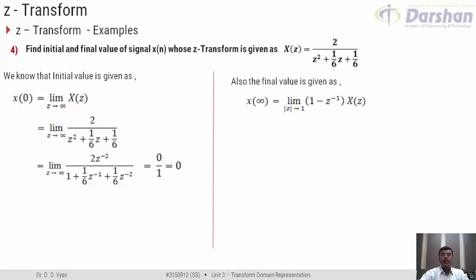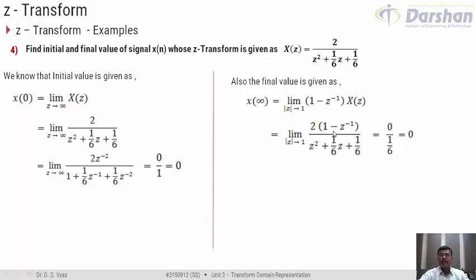Similarly, as per final value theorem, what do we have? We have x of infinity equal to limit mod z tends to 1, 1 minus z inverse times x of z. So, substituting the value of x of z, which is nothing but 2 upon z square plus 1 by 6z plus 1 by 6, with this multiplying bracket 1 minus z inverse.